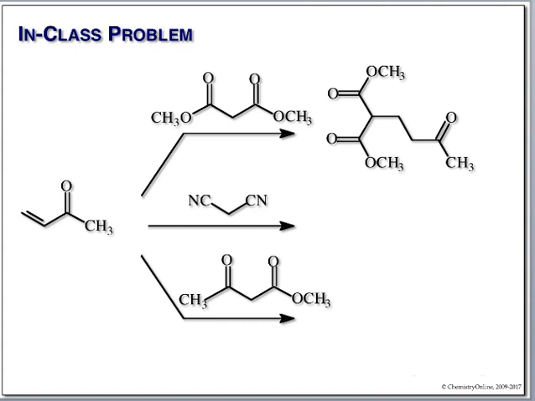All you need is a bond from here to here. This is the bond we just made. This was our alpha-beta unsaturated ketone.